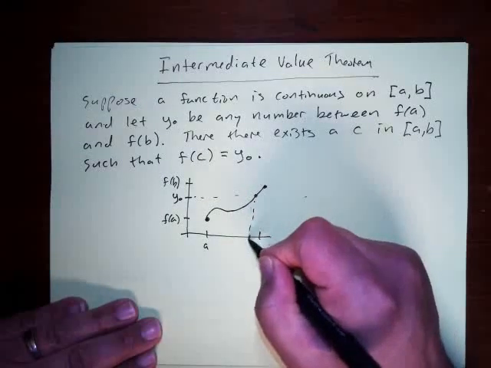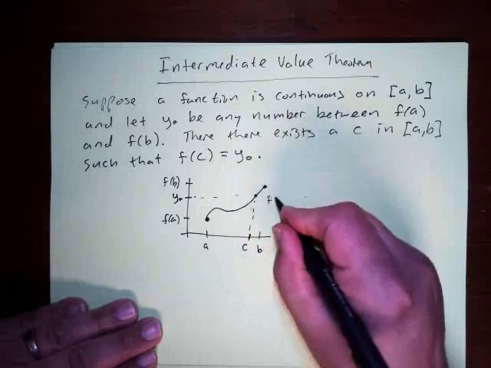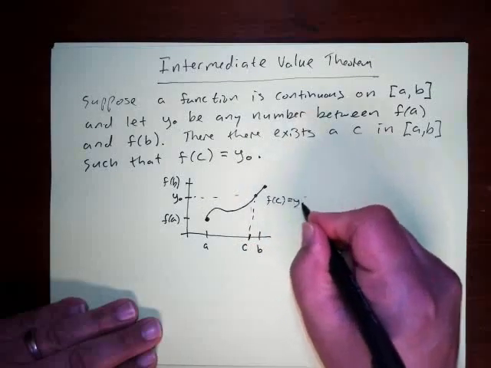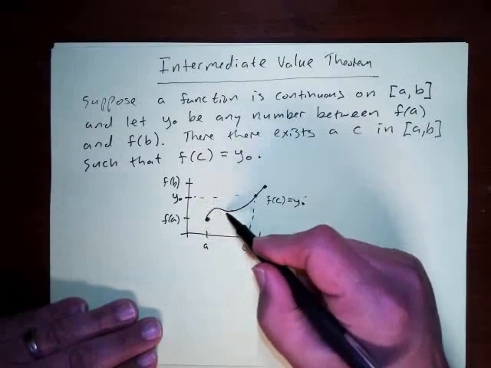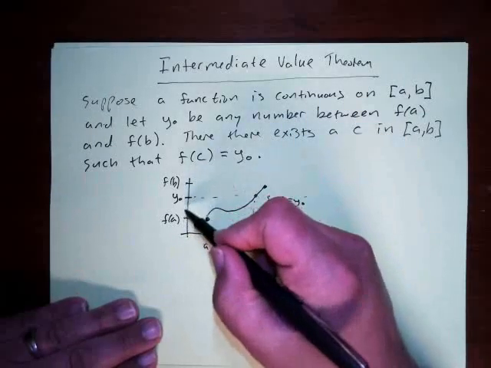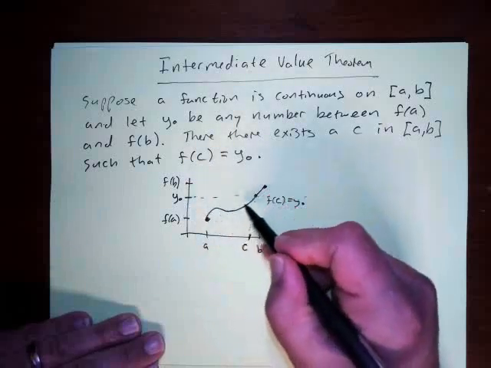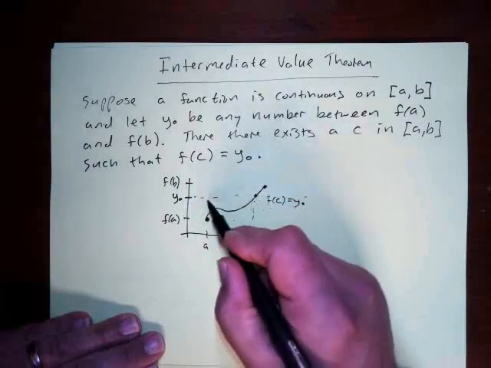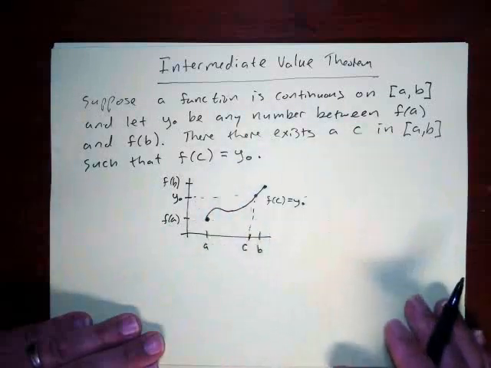This would be the c, right? And I would get that f of c here would equal y naught. And so for any value in between f of a and f of b, I couldn't connect these 2 points up with a function so that it didn't equal y naught for some c inside this interval.